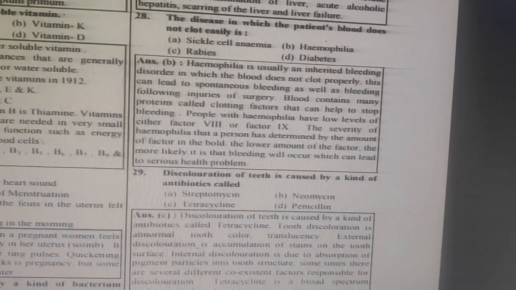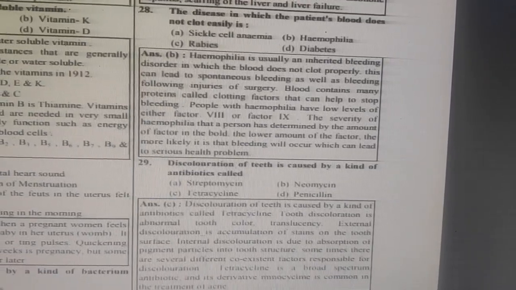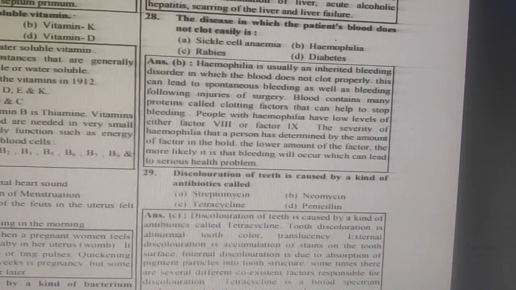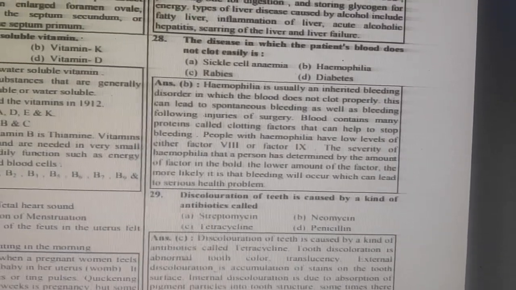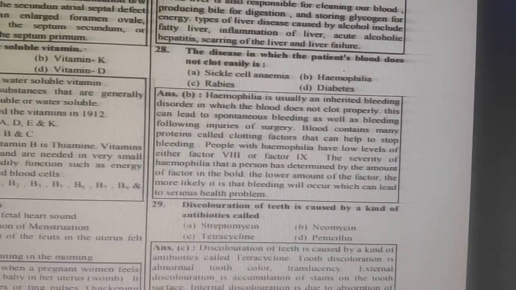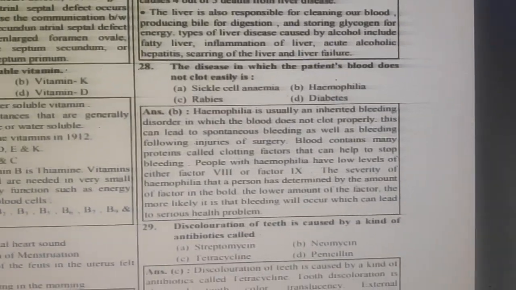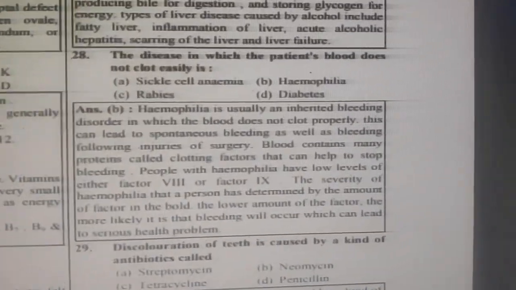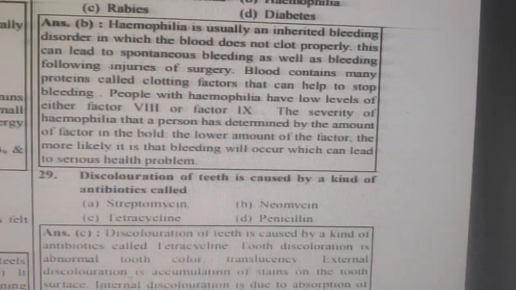The severity of hemophilia a person has is determined by the amount of factor in the blood. The lower the amount of the factor, the more likely it is that bleeding will occur, which can lead to serious health problems.